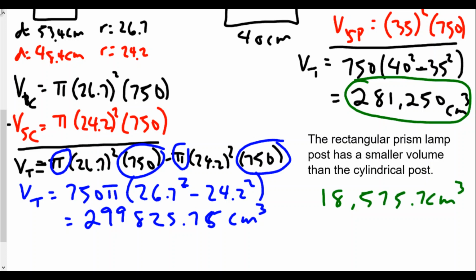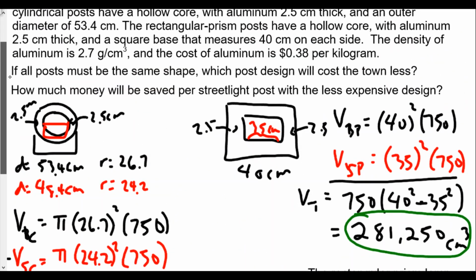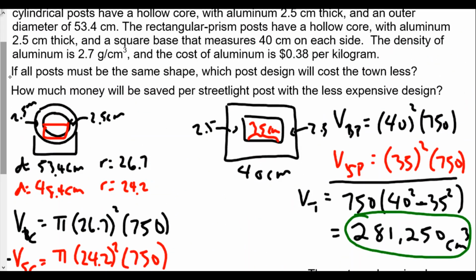Now, why is this important? Well, it says here, since the density of aluminum is 2.7 grams per cubic centimeter, and the cost of aluminum is 38 cents per kilogram, how much money is saved per lamppost?